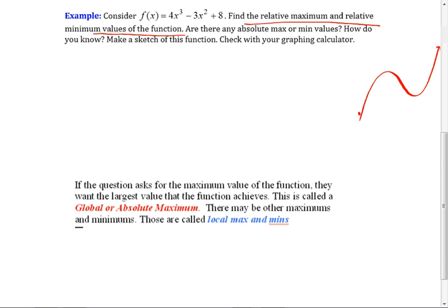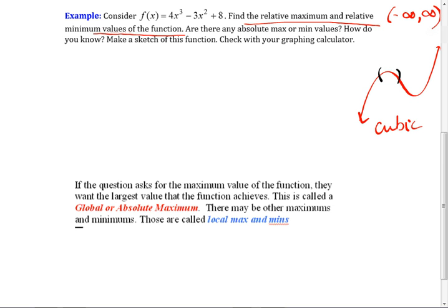Are there any global max or min if I'm going from negative infinity to infinity? No. That's what I mean by if they don't close the interval, Noah, you have to know what the function looks like or you have to graph it if you're looking for a global. If I were to put it on a closed interval, I would find both global max and global min. But I have some relative ones.